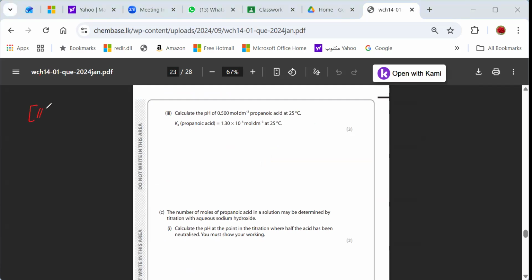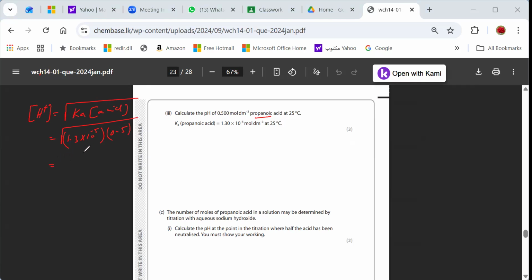So we said that the hydrogen ion concentration of propanoic acid, which is a weak acid, is equal to the square root of Ka times the concentration of the propanoic acid. So it's going to be the square root of 1.3 times 10 to the power minus 5 times the concentration of the acid, which is 0.5.